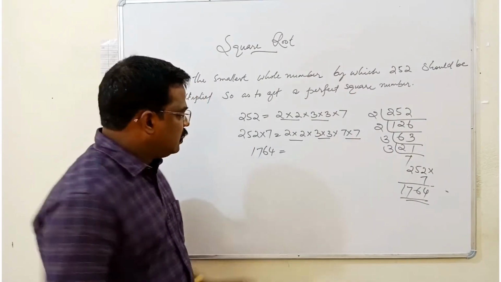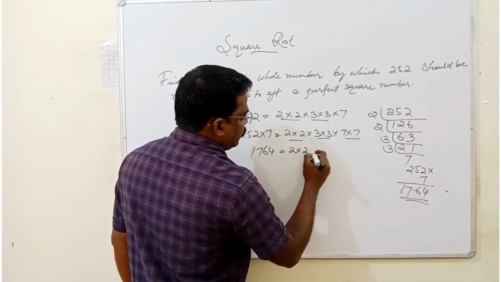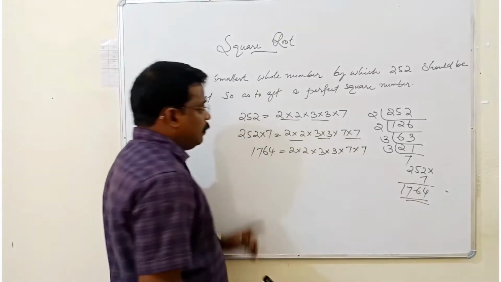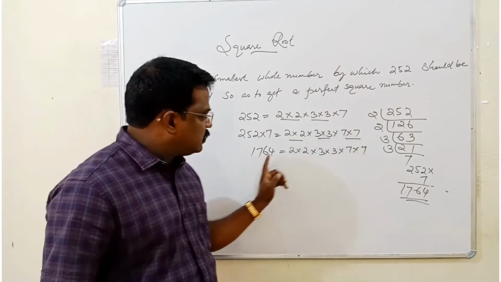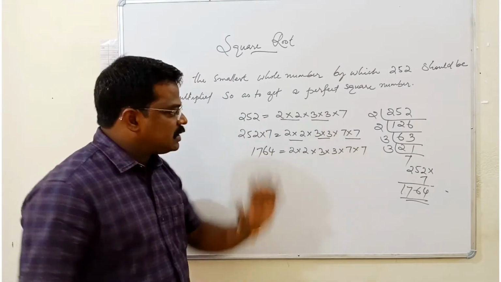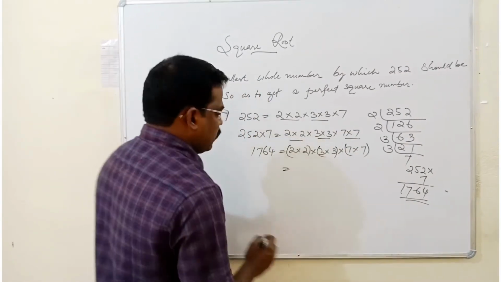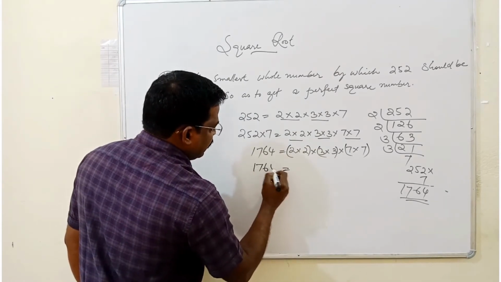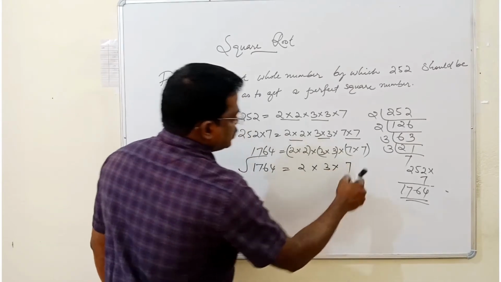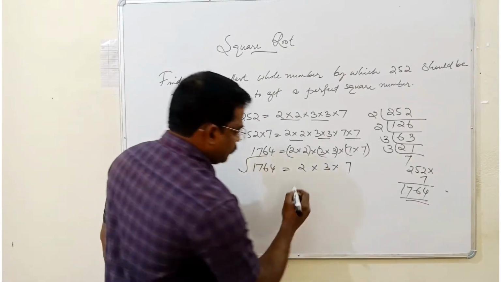So the factors of 1764 are 2 into 2 into 3 into 3 into 7 into 7, because we multiplied by 7, so we get one more 7, and here 7 is paired. So the square root of 1764 is 2 into 3 into 7. 3 2s are 6, 6 7s are 42.